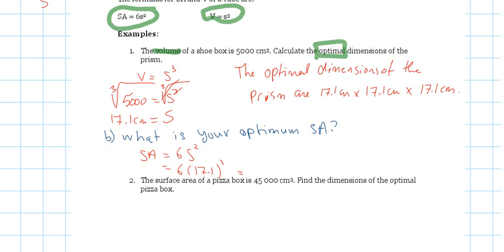And the answer is going to be 4,678.56 centimeter squared. Make sense? So you do 16 times 17.1 squared times. Oh, sorry, 6. That's my mistake. I did 17 for some reason on the calculator.